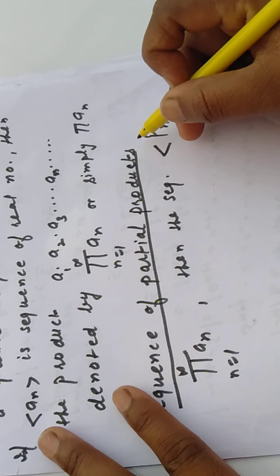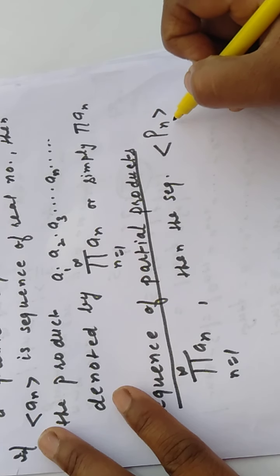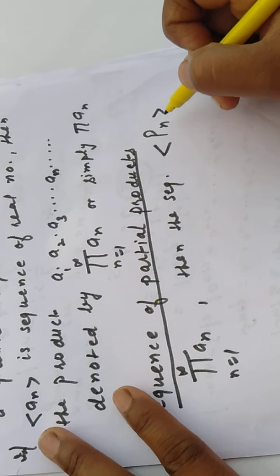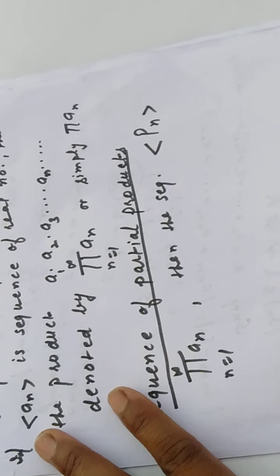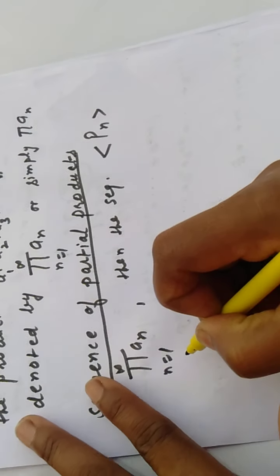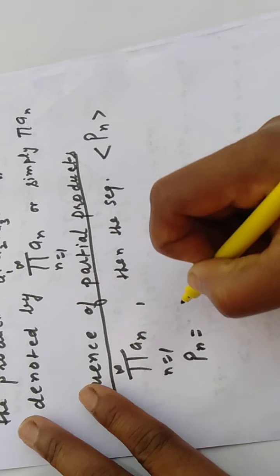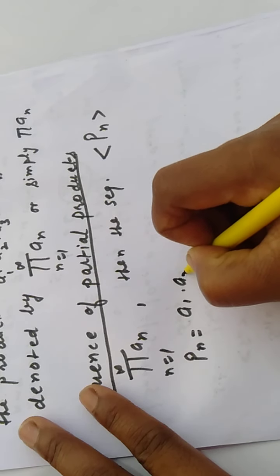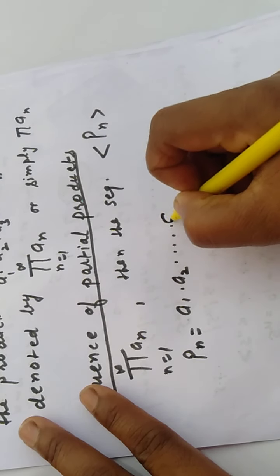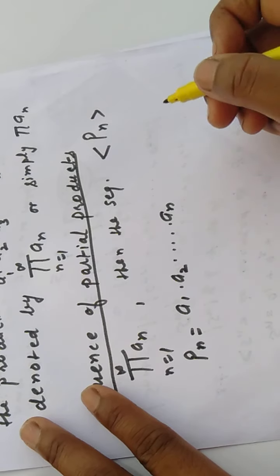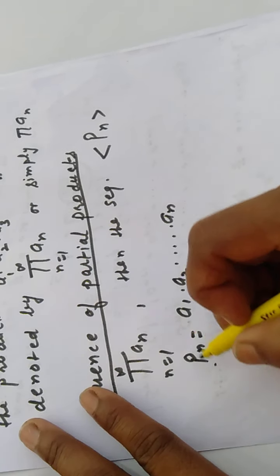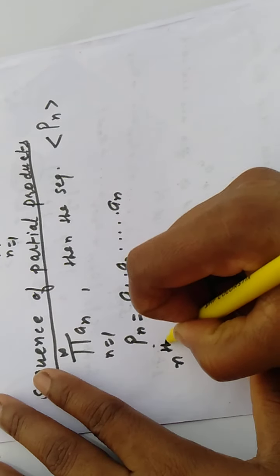So Pn means the product of first n factors, that is Pn is a1 into a2, just the product of first n factors. This Pn is called nth partial product.